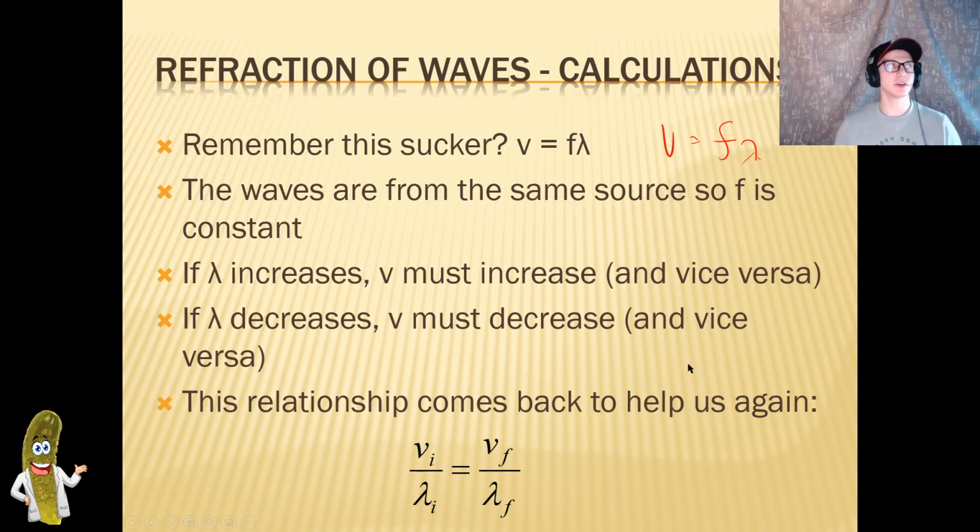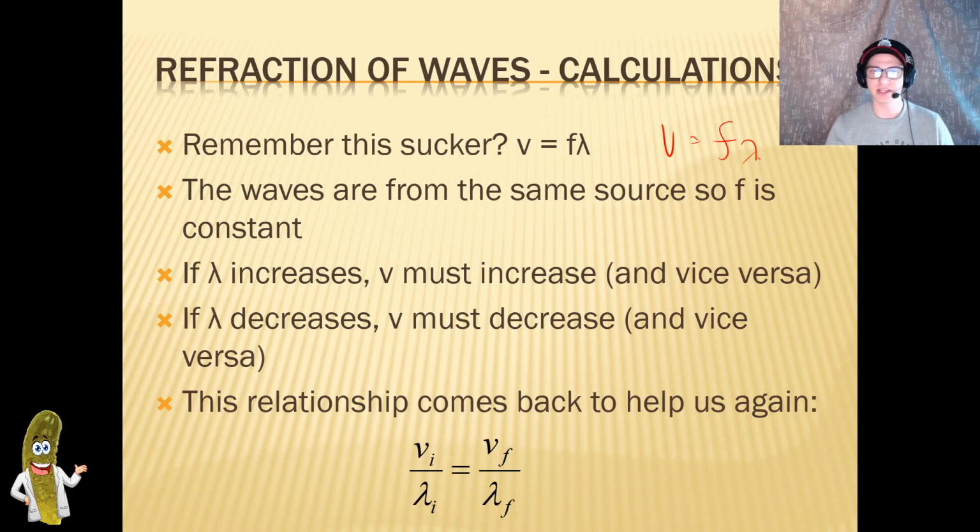So going back to my West Ed example, you're being hit with more waves, not because the frequency is decreasing, but because the wavelength of those waves is decreasing. Now, the other thing that I said was if you're at the very, very front of the wave pool, right where the waves are coming out, you're getting hit with really hard waves, but not a lot of them in a row.